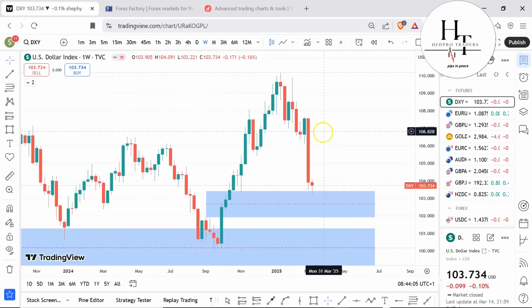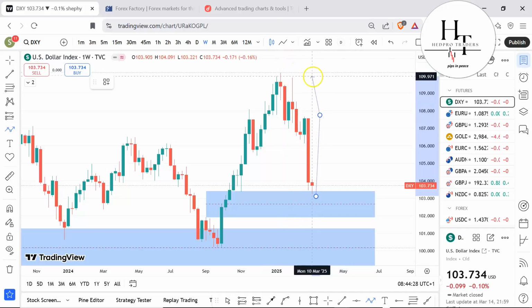So last week we've seen how price traded into it, and it's kind of like rejecting from it. So if price makes a reversal from this zone, you could see price heading back up to take liquidity resting here and here.